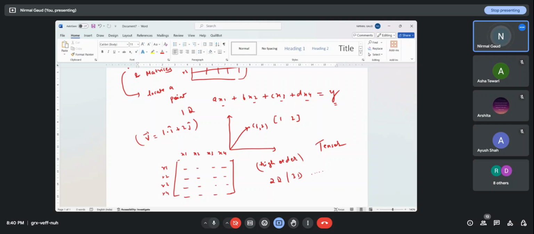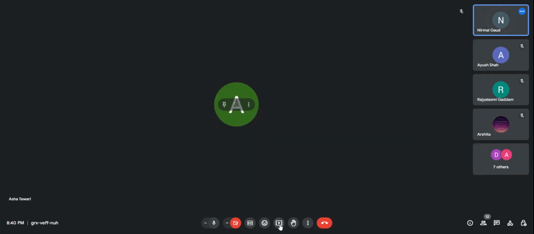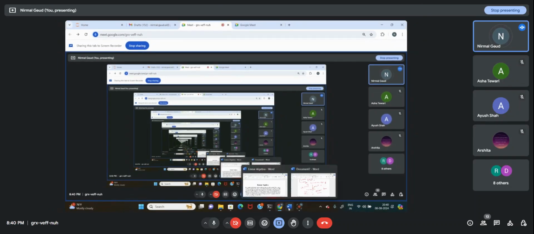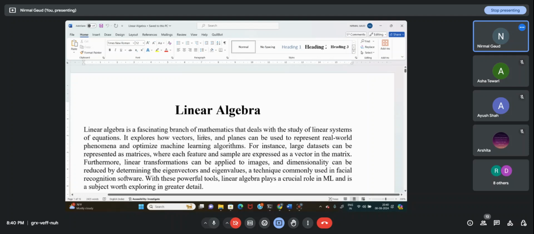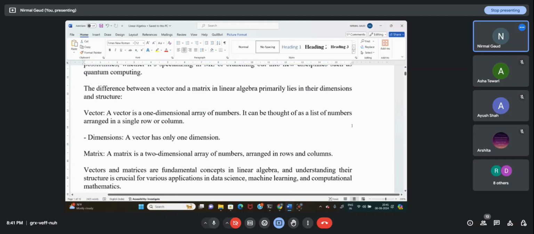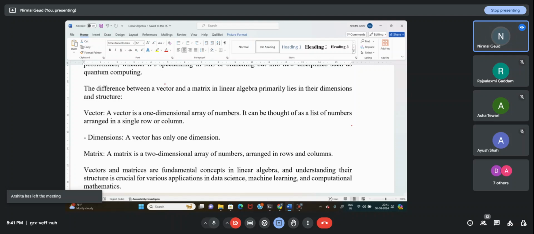Okay, let me share my entire screen and tell you more about these. Here I mentioned the difference between a vector and a matrix.